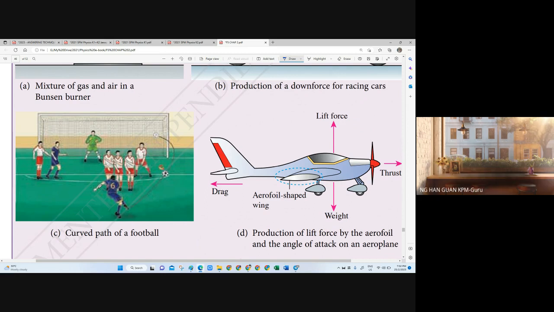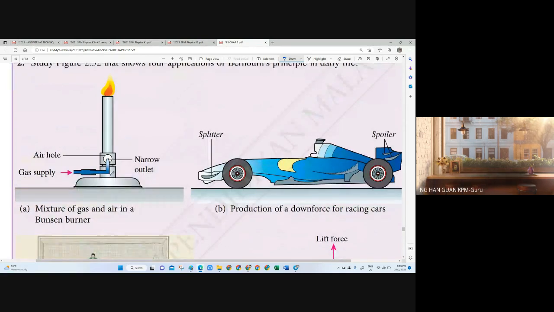Then they always forget to mention another statement: due to the different pressure on the two regions, there will be a resultant force produced from the high pressure toward the low pressure region. So make sure you mention the difference in pressure to produce a resultant force. The high pressure region has a higher force, the low pressure region has a lower force. So just understand that.